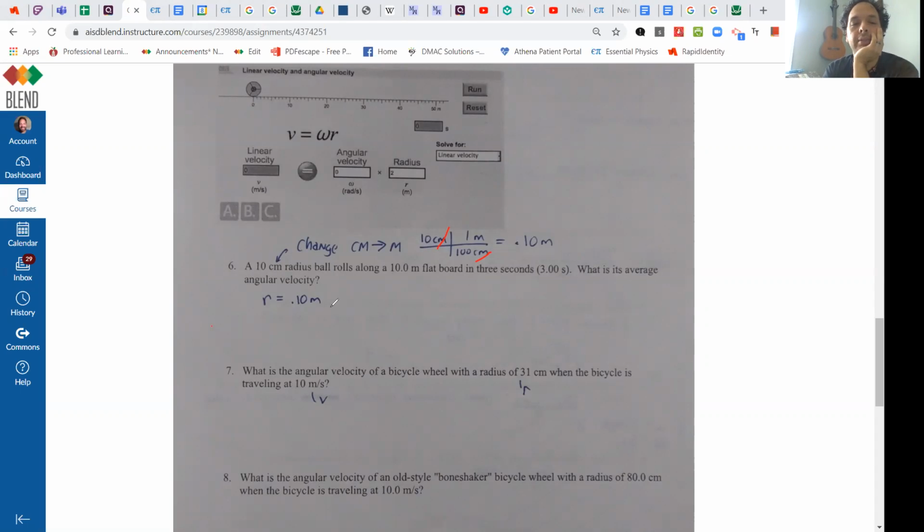So step one, find velocity. Velocity is equal to distance divided by time. Then you'll have velocity and R, and you'll be able to use this equation, right?